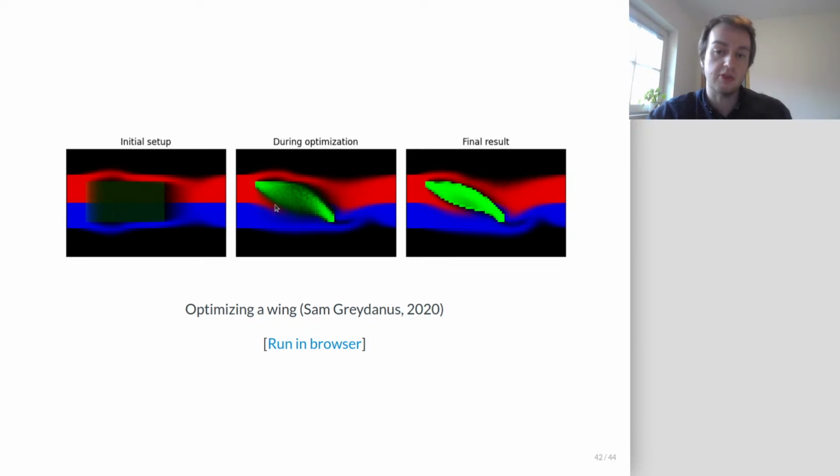At the end, what you obtain looks like the profile of a wing, even though it started from something very crude like a rectangle.